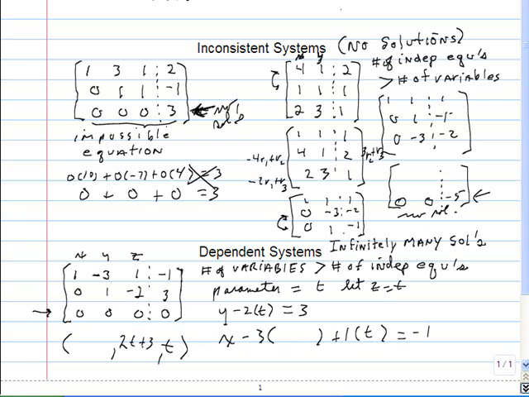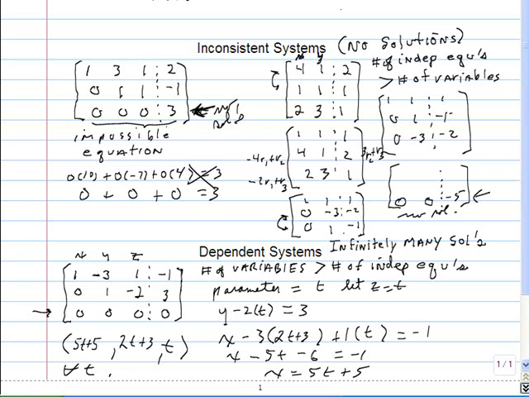For my y, I found that y is 2t plus 3, so I put that in here. So I end up with x, and here's a minus 6t here with a plus 1t here, so that's going to give me minus 5t minus 6 equals negative 1, so x equals -5t plus 5. And there is my solution set.